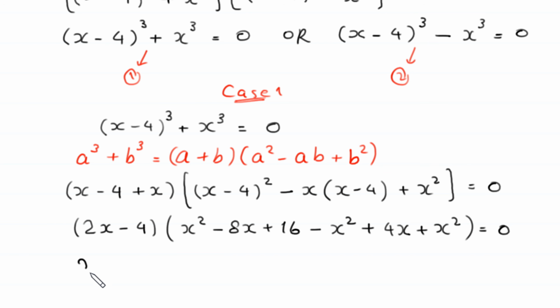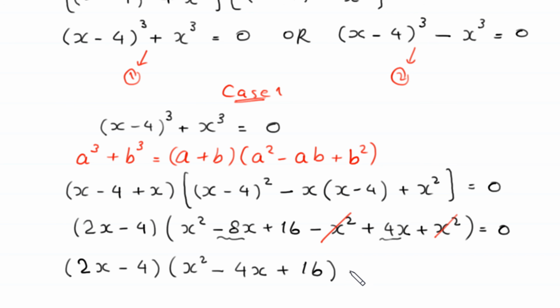Next, 2x − 4 times this negative x^2 will be cancelled with this positive x^2, and here we are left with x^2, and this negative 8x plus 4x will become negative 4x, plus this 16 is equal to 0.